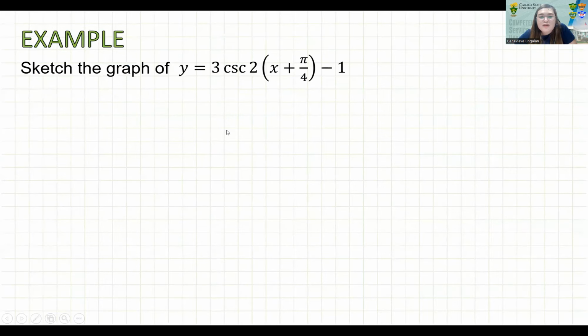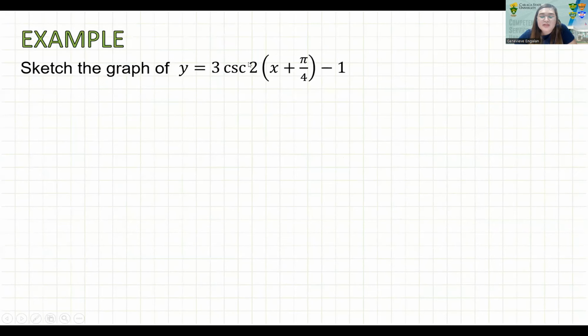So, kini atong i-graph. Okay, so sketch the graph of y is equal to 3 cosecant of 2 times x plus pi over 4. So first ato siyang i-graph ang cosecant, pareha ra gihapon ganina.